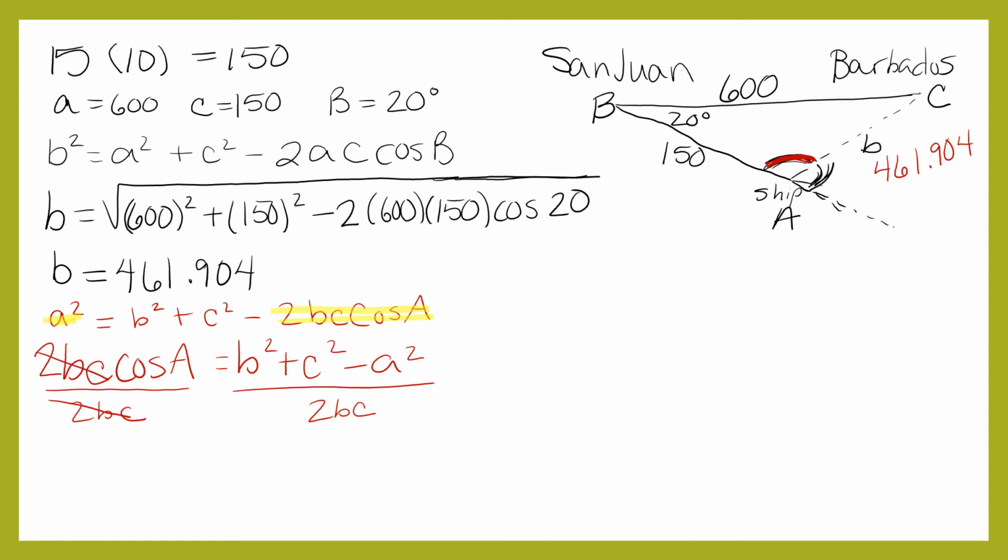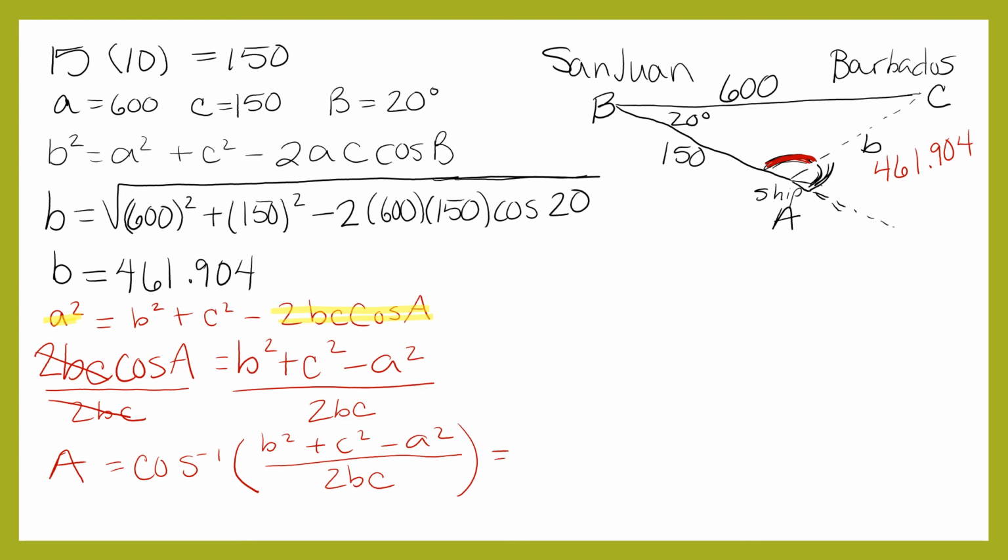So this is what the cosine of A is equal to. To find A, I'm going to use the inverse cosine of this expression, b squared plus c squared minus a squared divided by 2bc.